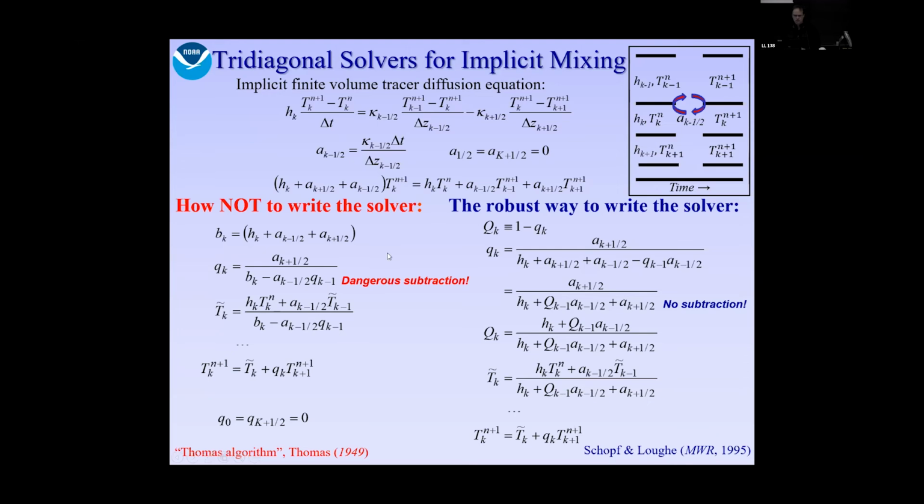And the problem is if B and A of k minus a half and q minus 1 are almost the same magnitude, as can happen for very thin layers with strong viscous coupling, you can get 0 in the denominator.